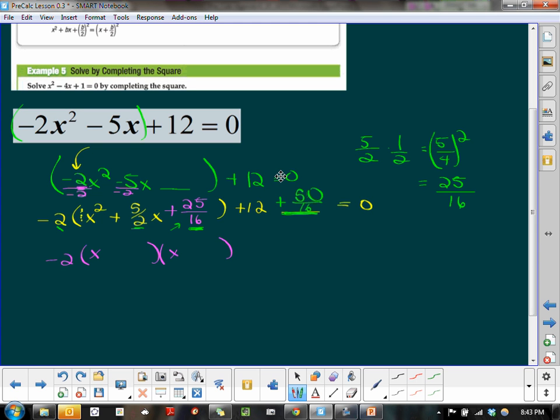The factors of 25/16: the square root of each of these gives us 5/4 and 5/4, or it's always just half of that linear term. Those are the numbers we need there. Since our sign is positive, we know that they have to be the same, and they're plus. So I'm going to write that right away as negative 2 times x plus 5/4 squared. Now I'm going to continue on with the simplification over here.